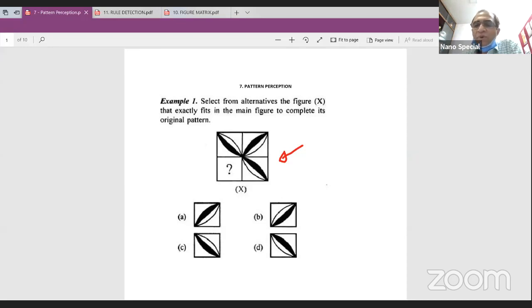See, we just have to look at it in a focused way. What's happening is, there are 4 squares, 1, 2, 3, 4. If you see this particular shaded area, it is going clockwise. So the shaded area will come here.